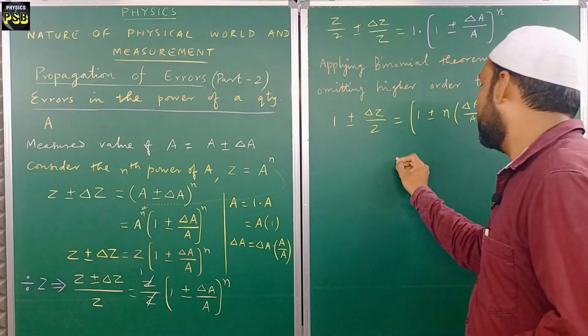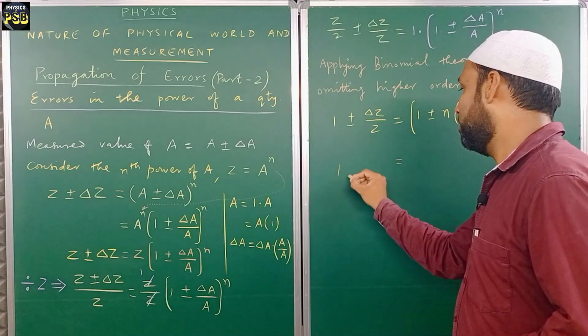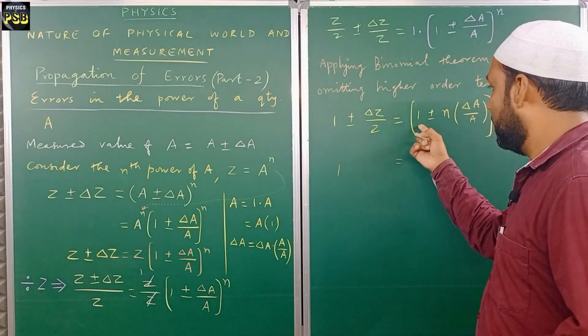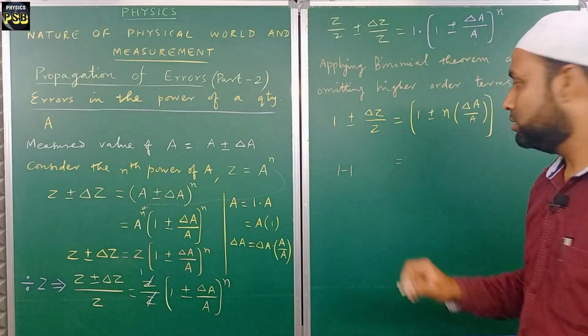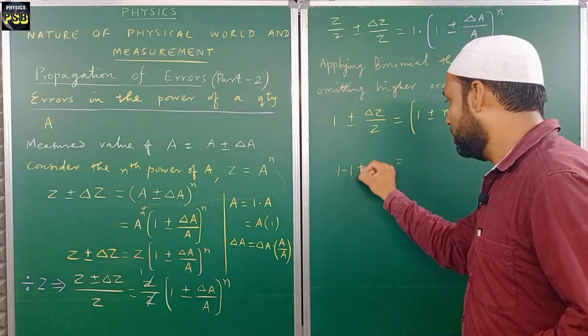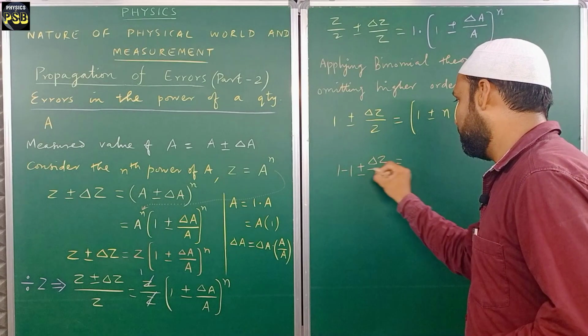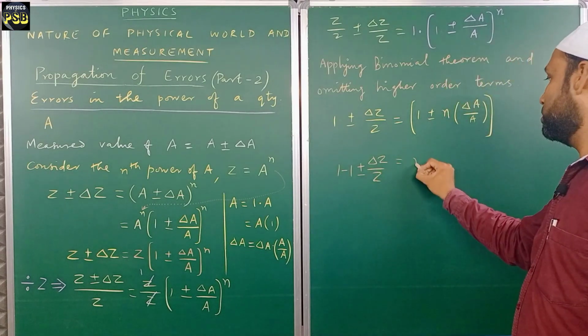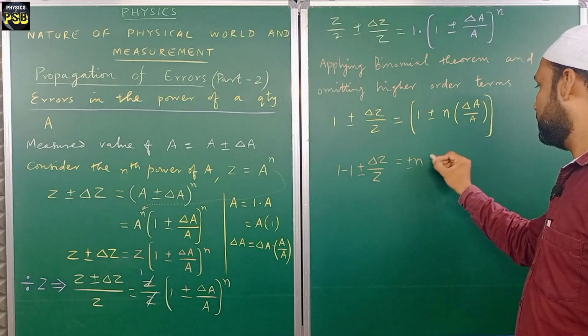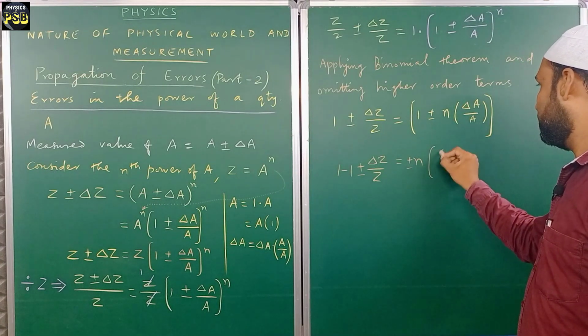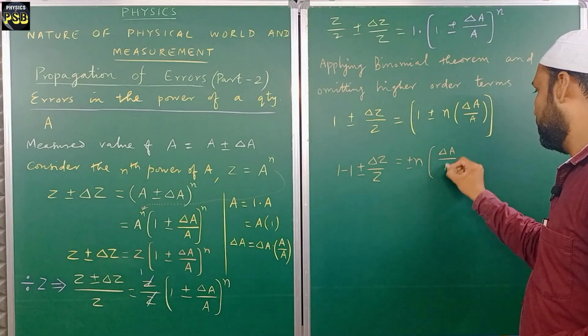Got it? Now here I have 1, here I also have 1. I take this 1 to this side, so plus 1 becomes minus 1.